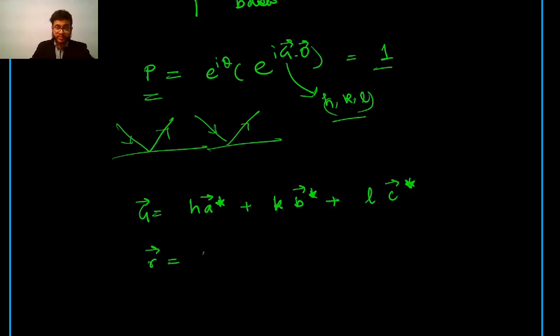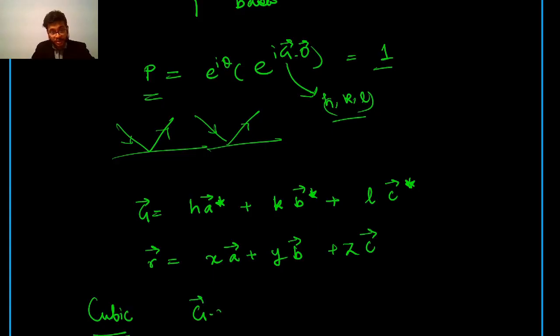If R is given in fractional coordinates, say xa plus yb plus zc, where a, b, c are the lattice vectors and x, y, z are the fractional coordinates, then for a cubic crystal G dot R will be given as hx plus ky plus lz.